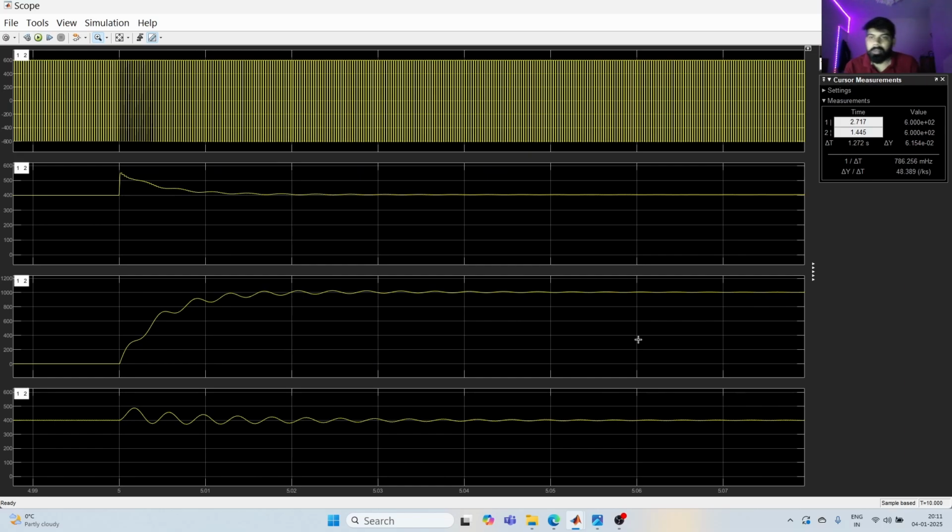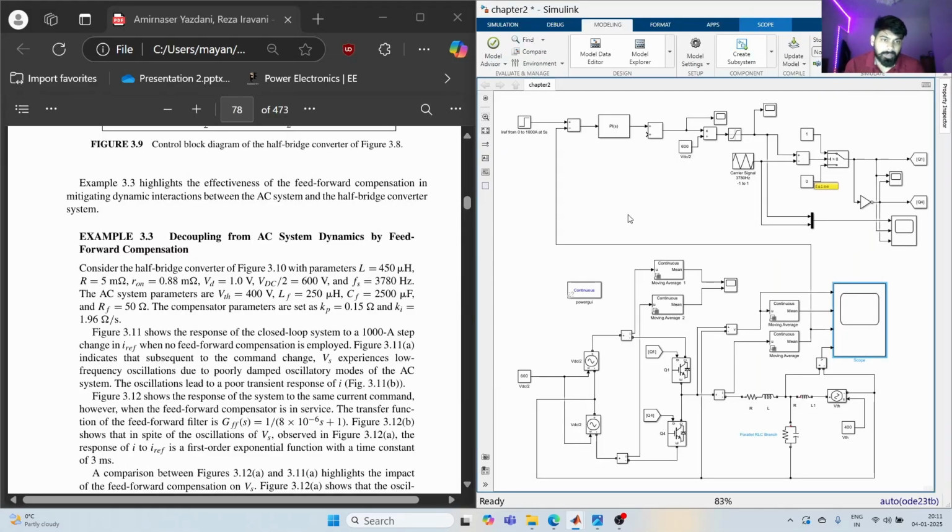So what's happening here is we see these oscillations in the current as well as the source voltage. The main reason for these oscillations is that our control is still just seeing the current. It doesn't have any information of the AC system.